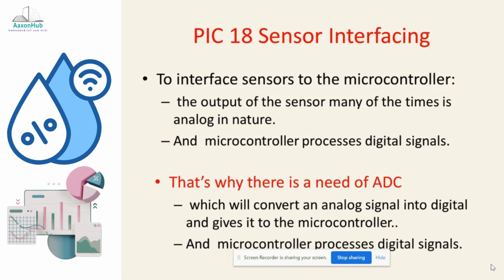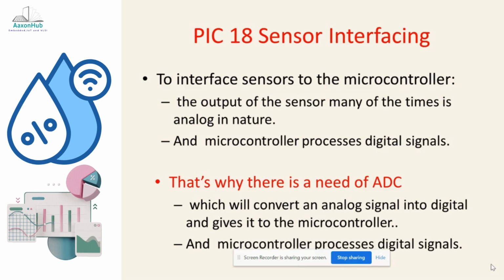Whatever quantity you measure, it may be analog or digital, but most sensors work in the analog category. And as your microcontroller processes all kinds of signals in the form of digital signals, we require some kind of converter to convert this analog quantity into digital.